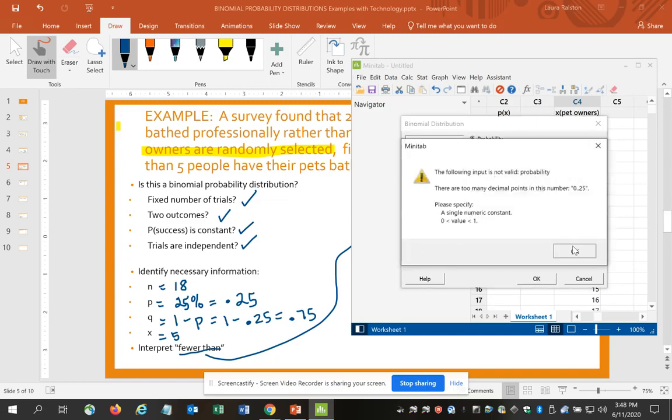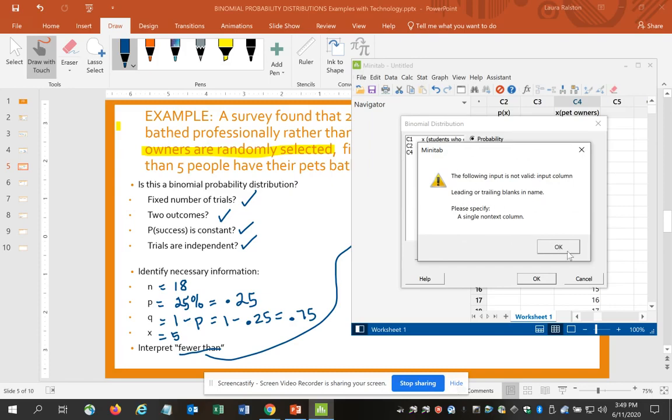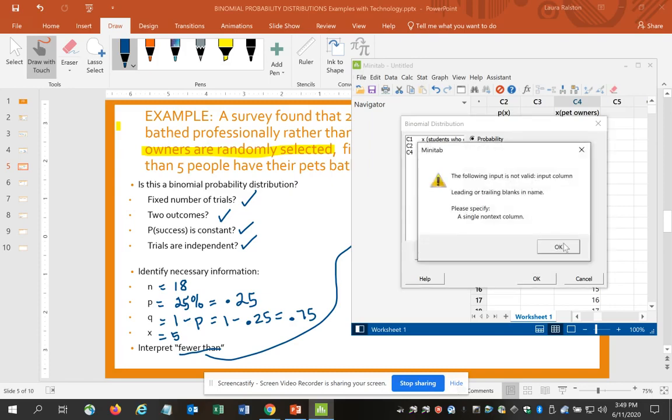We have to choose our input column, which is changed because now we're doing pet owners.